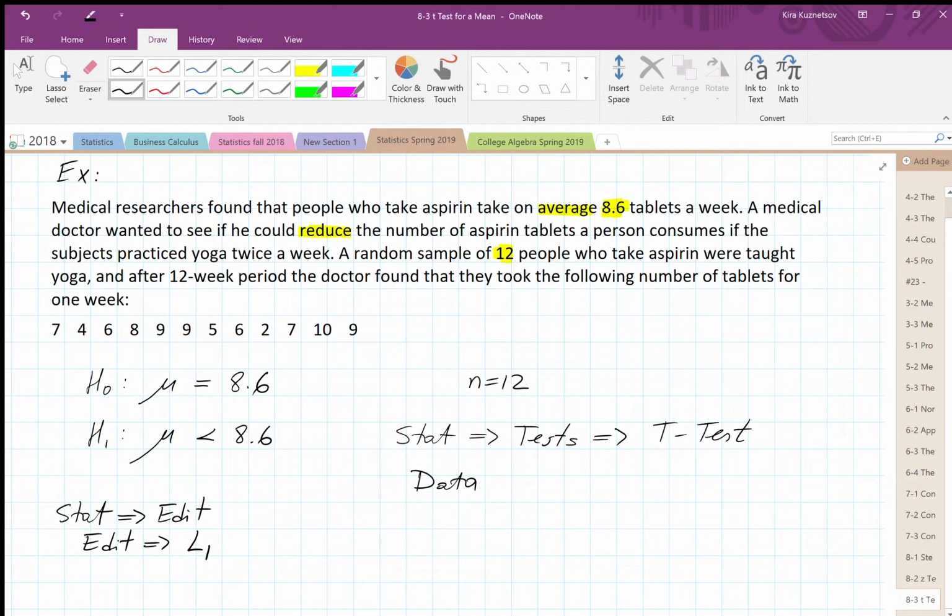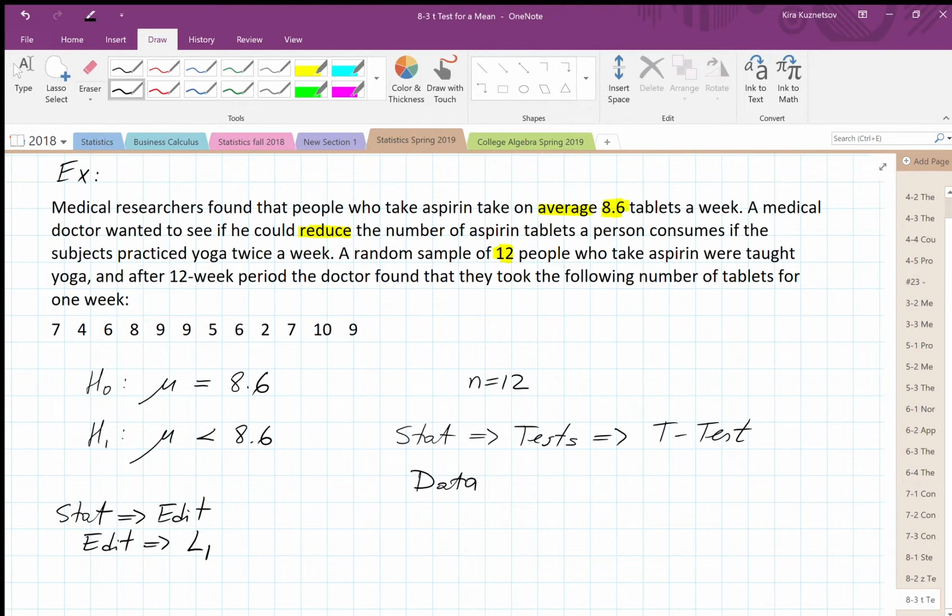The mu sub 0, that's the null hypothesis. You will put 8.6. And then you have to make a decision between a left tail, two-tail, or right tail. This is a left tail test. So I'm choosing mu is less than 8.6. And you push the button calculate.